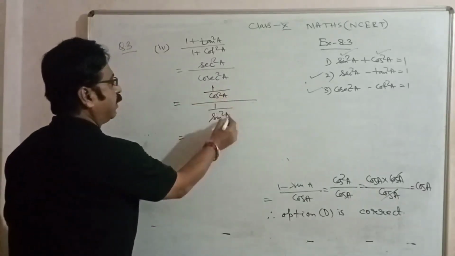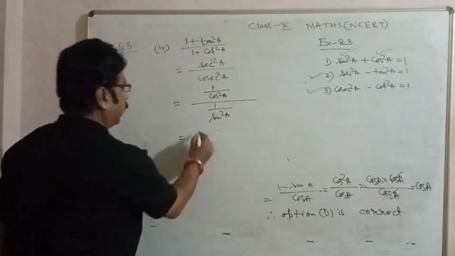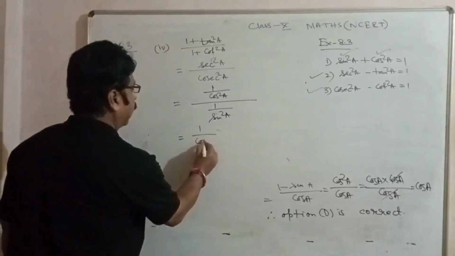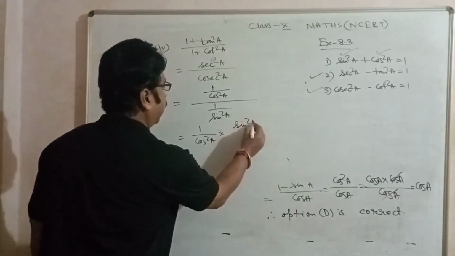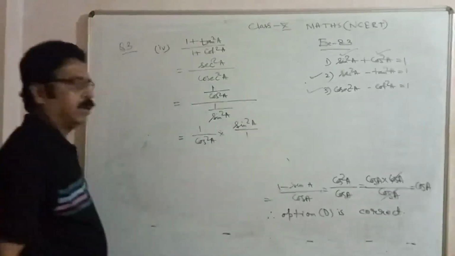Now this is a fraction, this is also a fraction. 1 upon cos square A into sin square A upon 1.